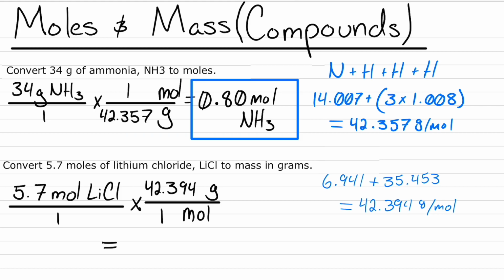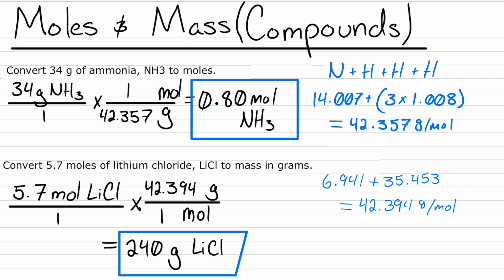And then we just do our calculation. 5.7 times 42.394, which, rounding to significant figures, comes out to 240 grams of lithium chloride. And those are our examples for how to convert between moles and mass of a compound.